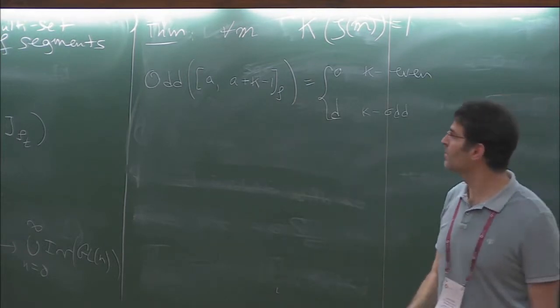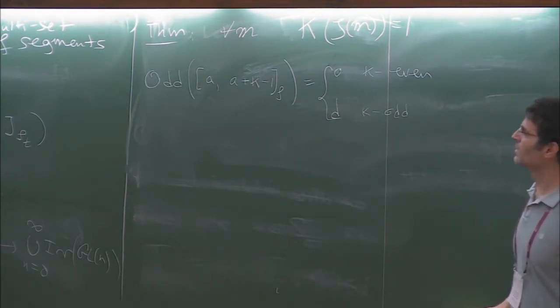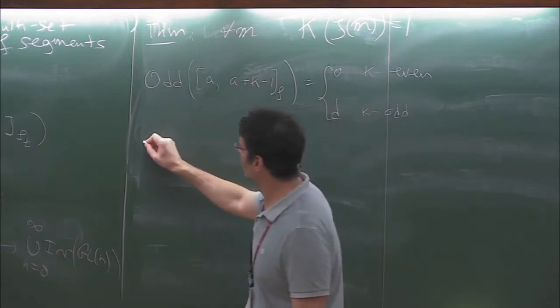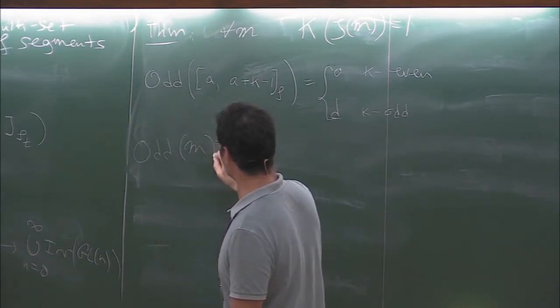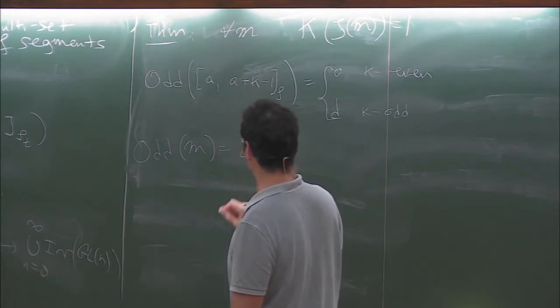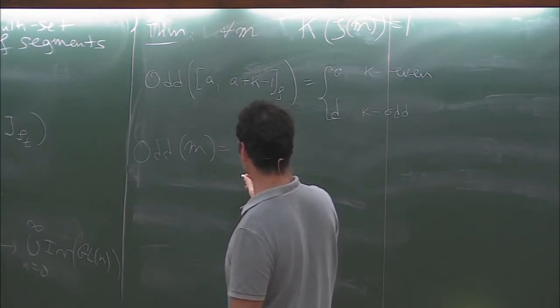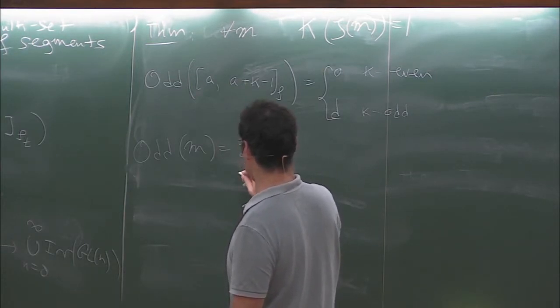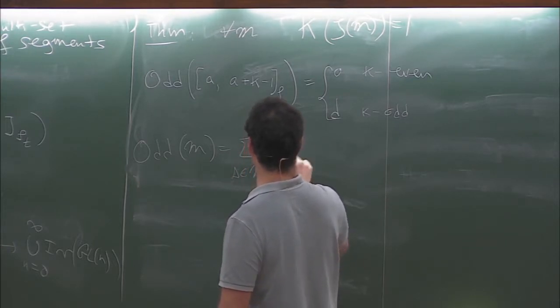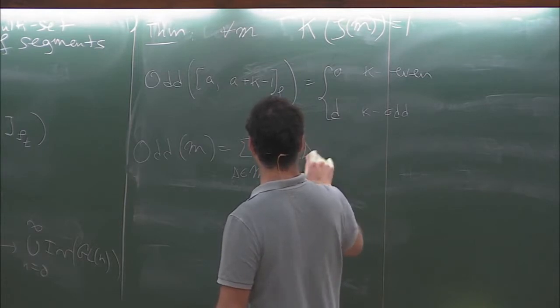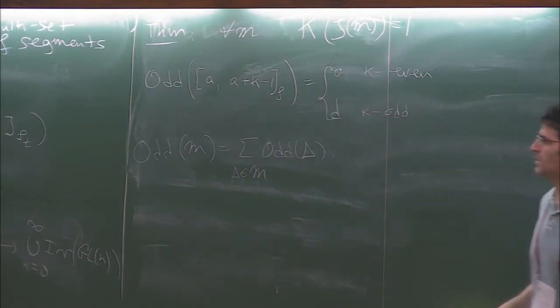Okay. So the odd part of a multiset is defined to be the sum over all segments in the multiset, with multiplicity, of the odd part of the segment.